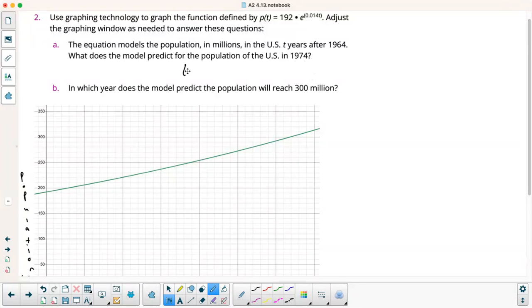So that means that t is going to equal 10, because it's 10 years after then. It says, what does the model predict? So I'm going to plug it in instead of looking at the graph. 192 times e to the 0.014 times 10.